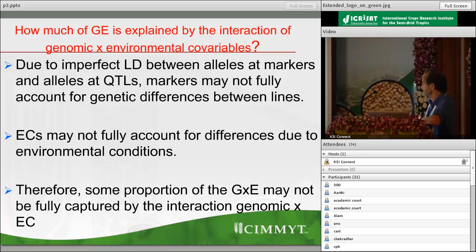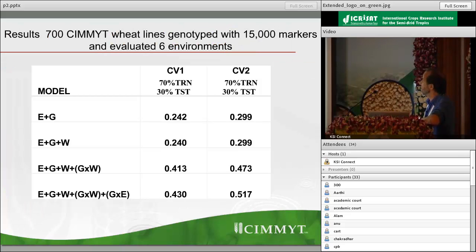But this is something, and this is a typical example with 700 CIMMYT wheat lines, genotyped with markers and evaluated in 6 environments. We use here CV1 and CV2. CV1 is a cross-validation where 30% of the lines across all the environments are taken away. So in this particular case, we take the 200 lines in all 6 environments and we predict the 200 lines.